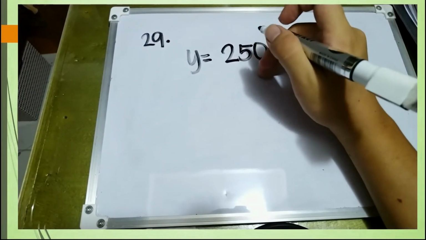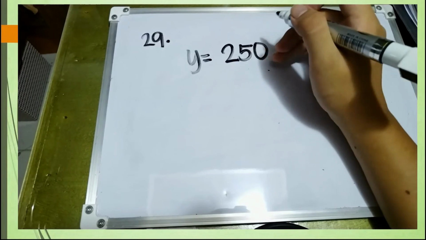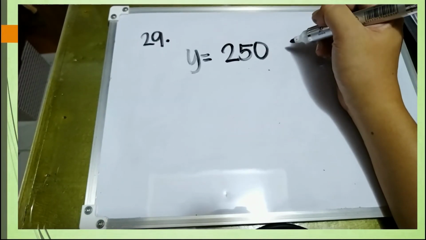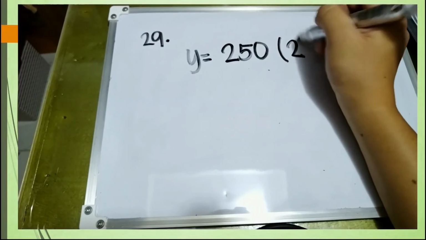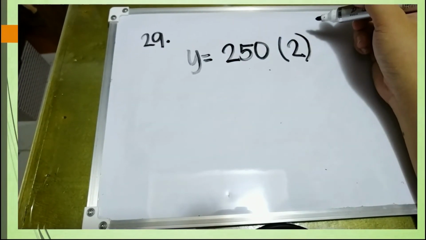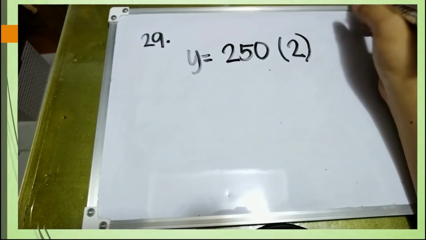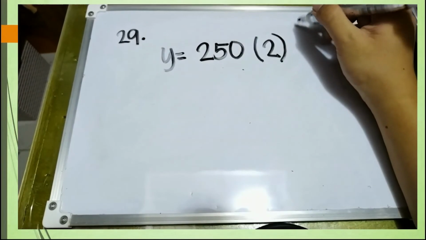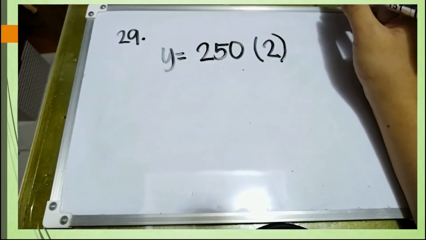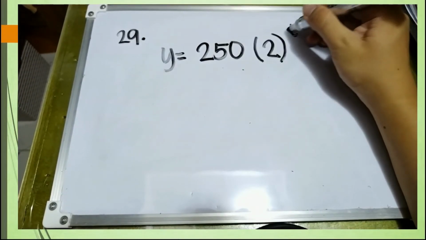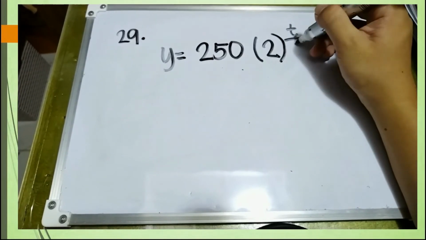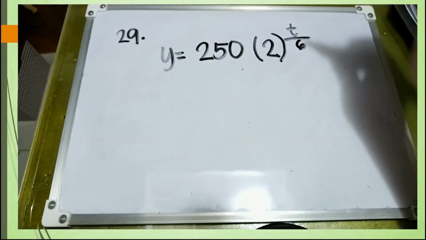Since there are 250 crickets, then it doubles its size, so multiplied by 2. Then for every 6 months, so we don't know the time, so t over 6.